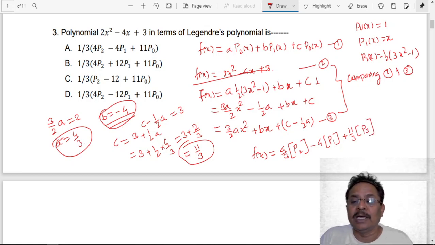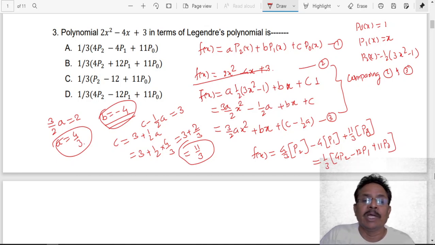Now you find that I have to just multiply by 3 to get this 3 common out of all this. So if I take 1 by 3 common, this is 4p2. If I take 3 out of this, it will be minus 12p1, and plus 11p0. So this is how I got this answer, 1 by 3 times 4p2 minus 12p1 plus 11p0, and that's why D is the answer of this question number 3.